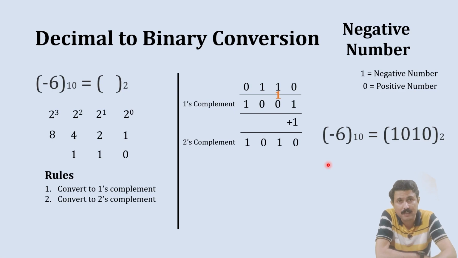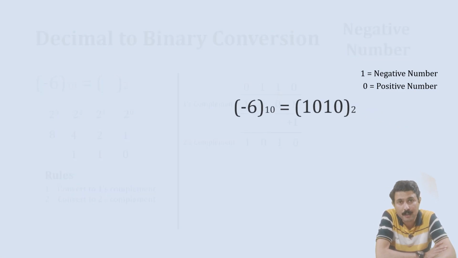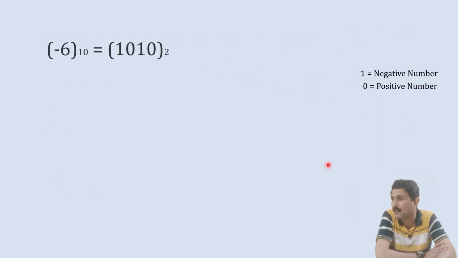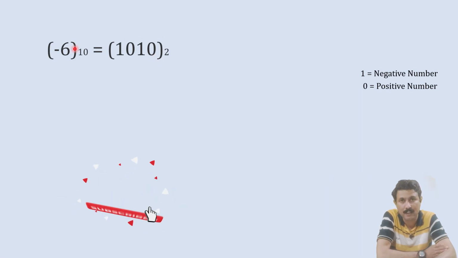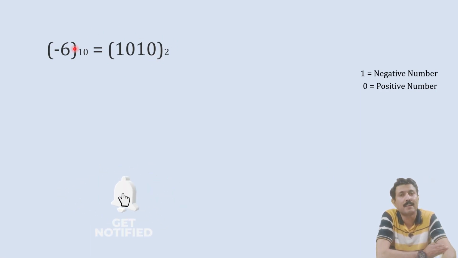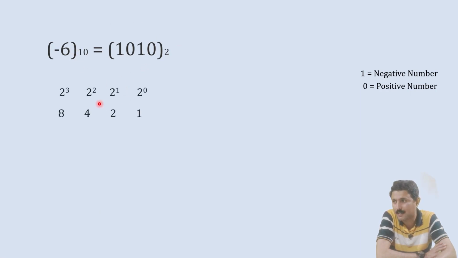But now the question is whether it is true or not. We want to verify whether it is right or wrong. So what we'll do is convert this binary into decimal, and if we get minus 6, then it is correct. So how to convert binary to decimal? First we'll write the number series, and then we'll write this 1010 over here, and then we'll multiply each weight with the binary digit.